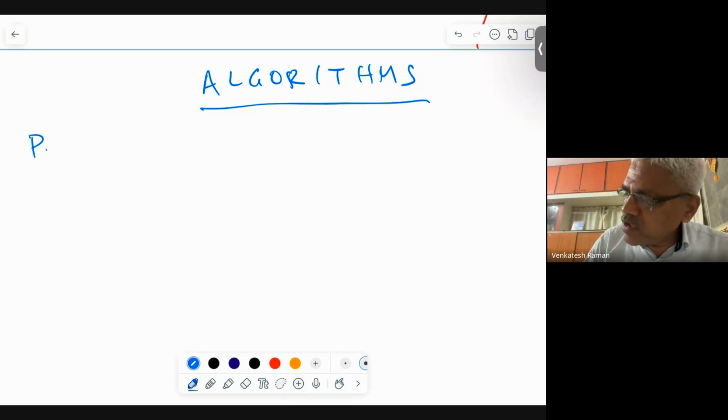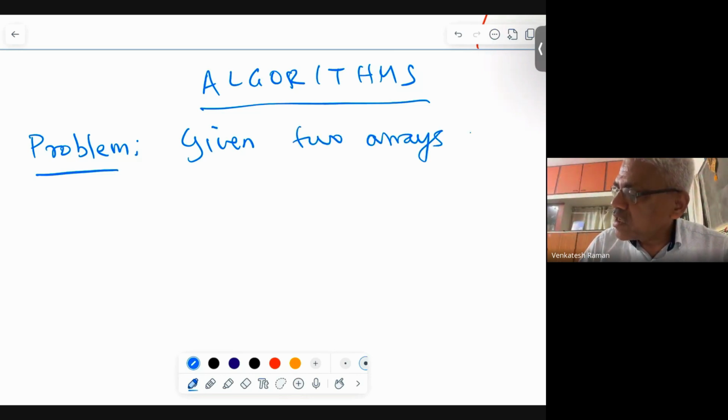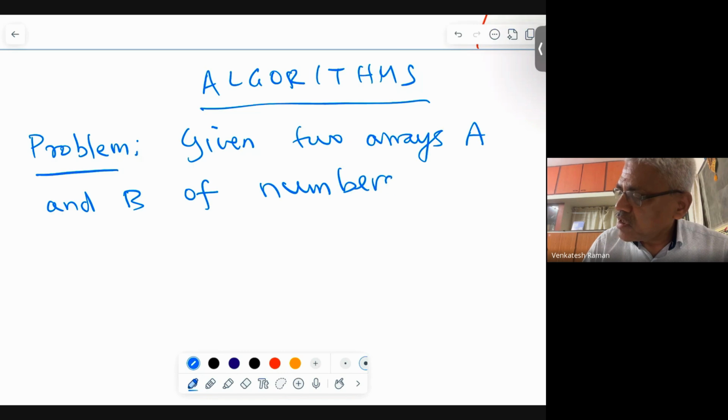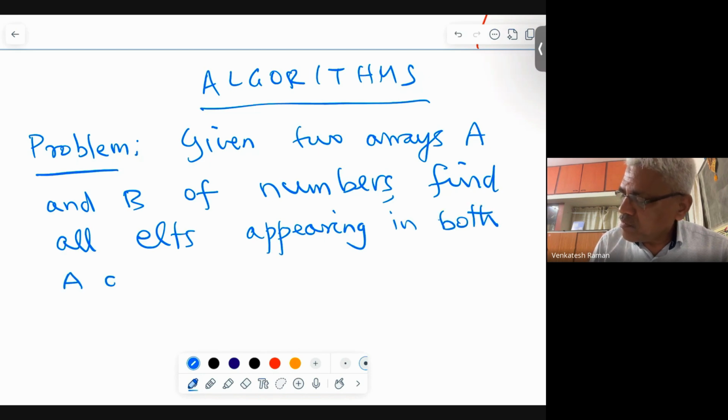A very simple problem: given two arrays A and B of some numbers, find all common entries appearing in both A and B. This is the problem.